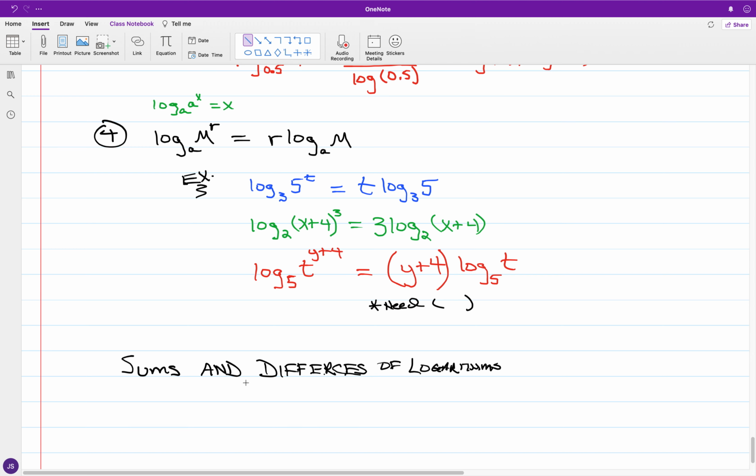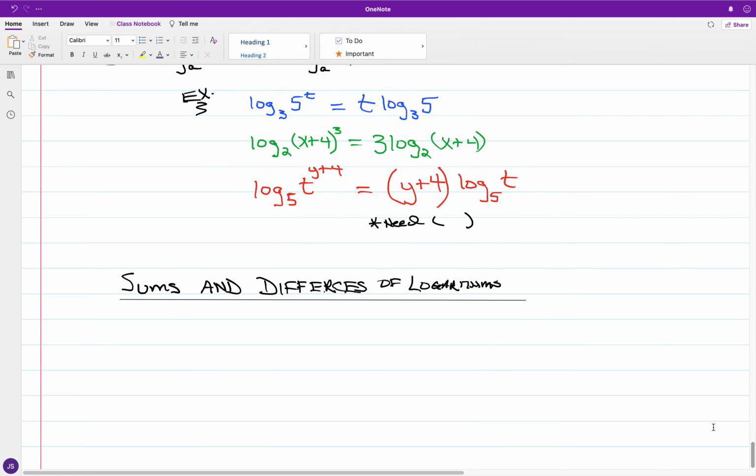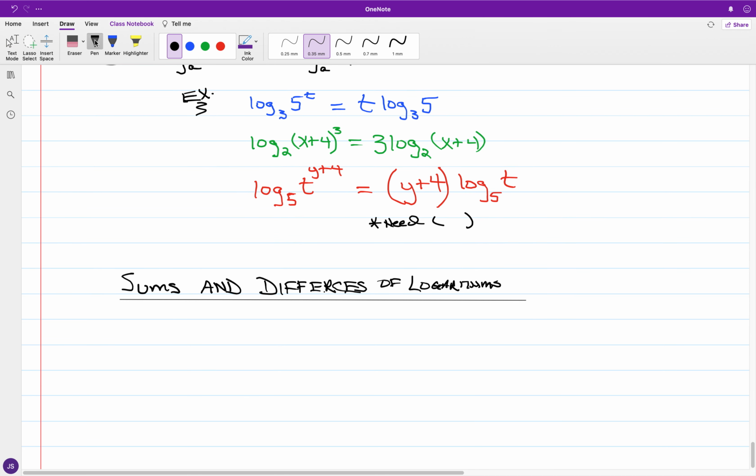Now for the sums and differences of logarithms, there will be two key formulas, and I'll show you the converses as well.